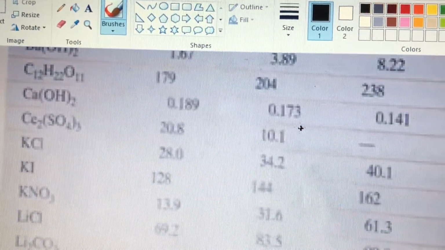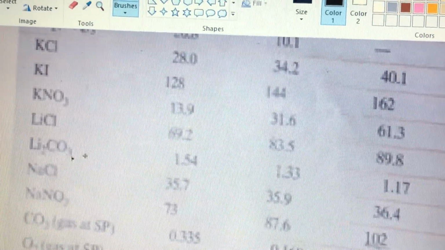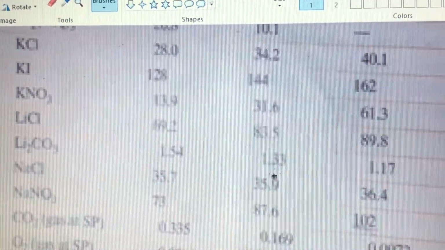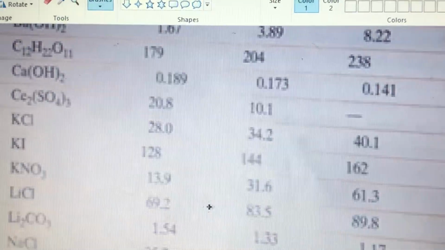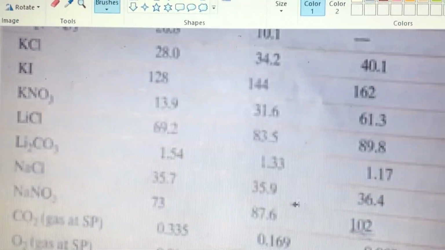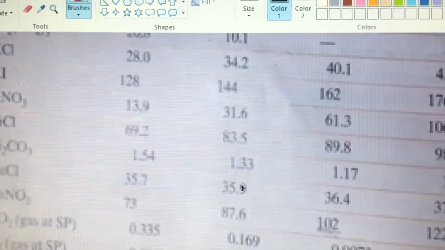So let's look at salt, the one we're familiar with, NaCl. So at 20 degrees Celsius, for NaCl, we can fit 35.9 grams of solute. So what does that actually mean?